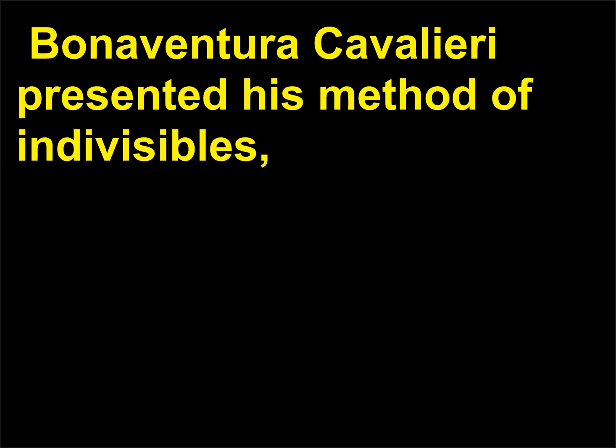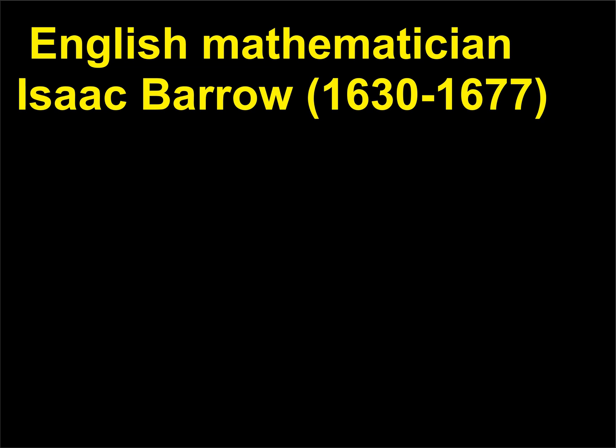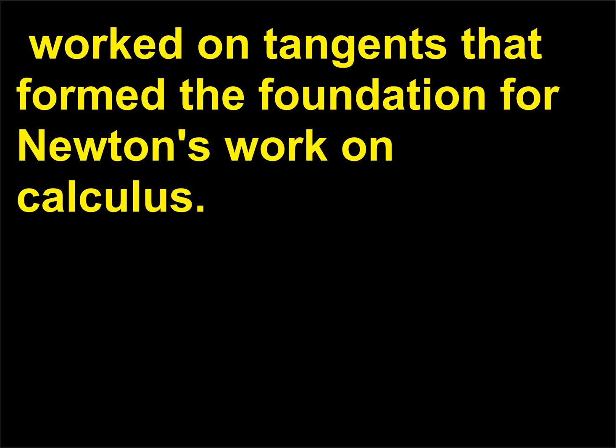Bonaventura Cavalieri presented his method of indivisibles, one he developed after examining Kepler's integration work. English mathematician Isaac Barrow, 1630 to 1677, worked on tangents that formed the foundation for Newton's work on calculus.